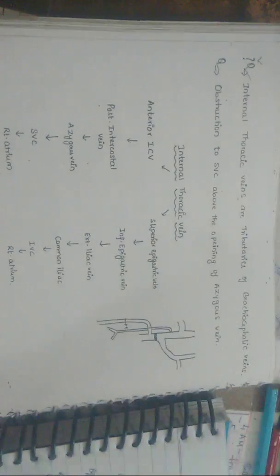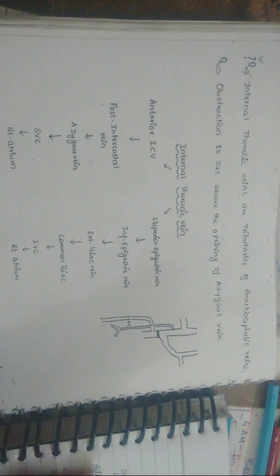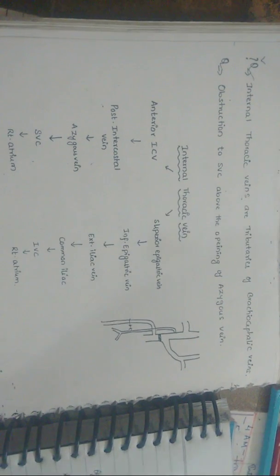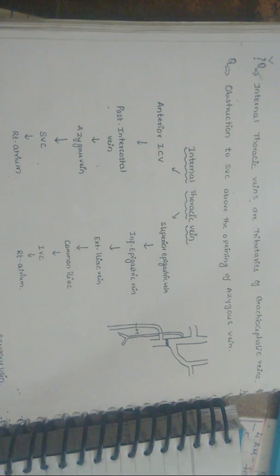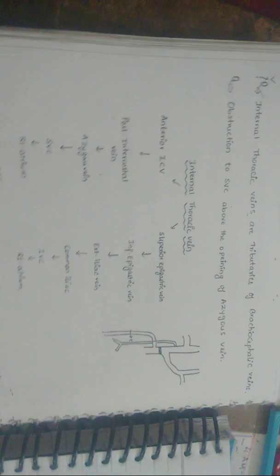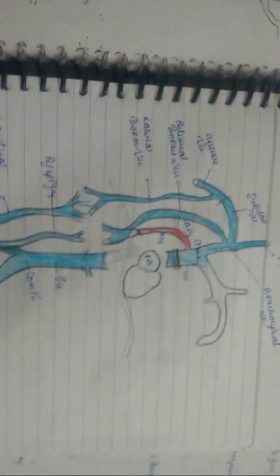The first thing written in our notes is internal thoracic veins are tributaries of brachiocephalic vein. The second point written is obstruction to superior vena cava above the opening of azygos vein. Let us go with the first point, the same thing we discussed in the last video regarding the drainage.